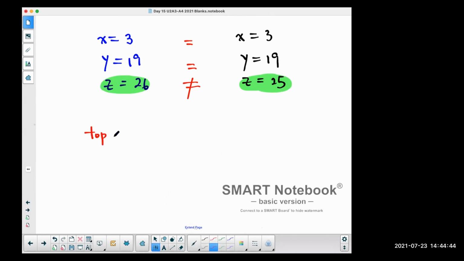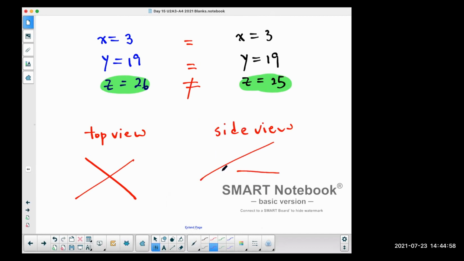If you look at it from a top view, it may seem like the two lines are intersecting. But if you look at it from a side view, two of the variables are the same, but the third variable is actually not touching. One line is at 26 and the other is at 25.